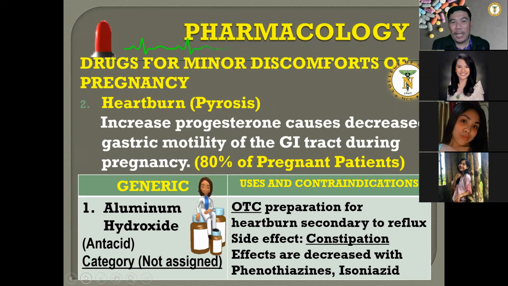Ito na yung sinasabi natin na nagde-decrease yung gastric motility, hindi siya nagpo-produce ng sufficient hydrochloric acid to support digestive activity, tapos yung gastrointestinal tract pwede na mag-lead into constipation.